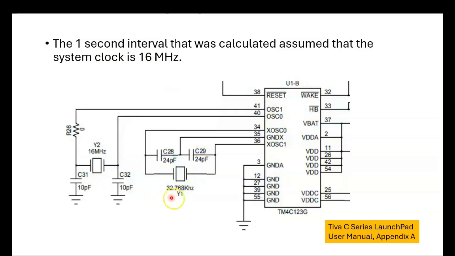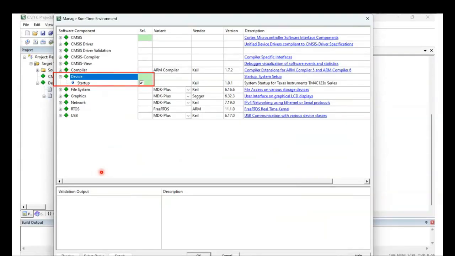Here is a partial schematic of the Tiva C series evaluation board, taken from the user manual, and the schematic shows a 16 megahertz crystal that is used. So I assumed that the system clock is 16 megahertz. I soon discovered that the system clock is set by the Keil Microvision startup file.